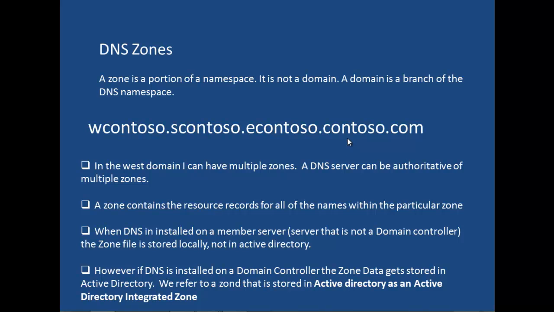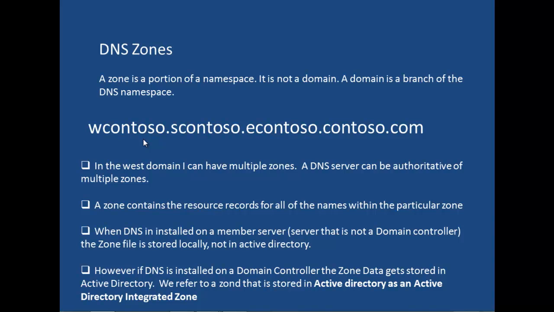And all of those zones can be created within Contoso itself, or within each domain, we can create a single zone. Remember that the zone has the resource records for all of the names within that particular zone.